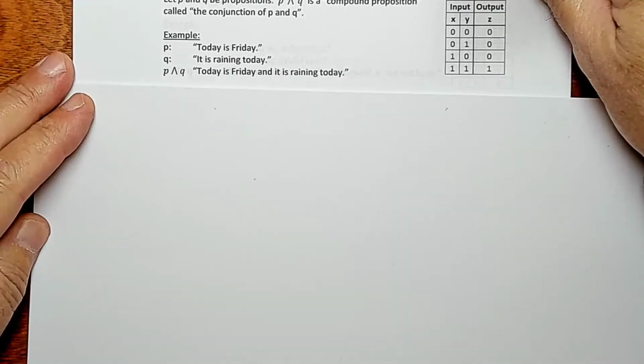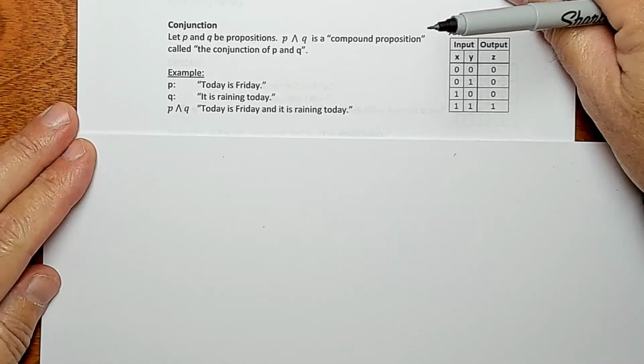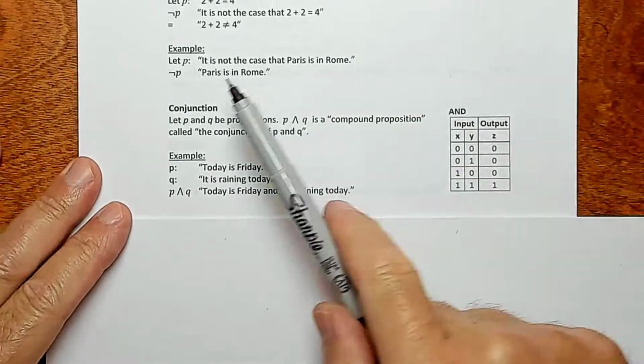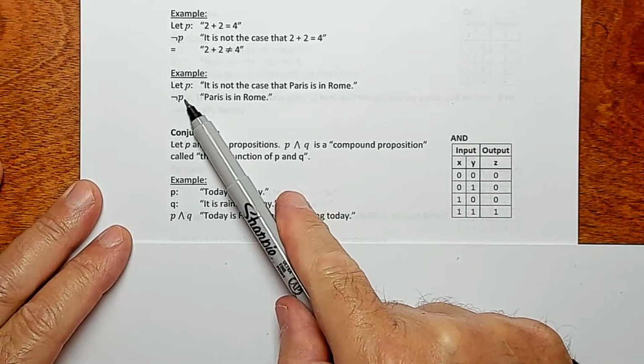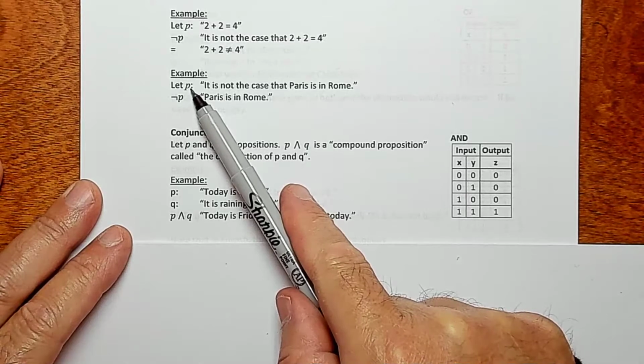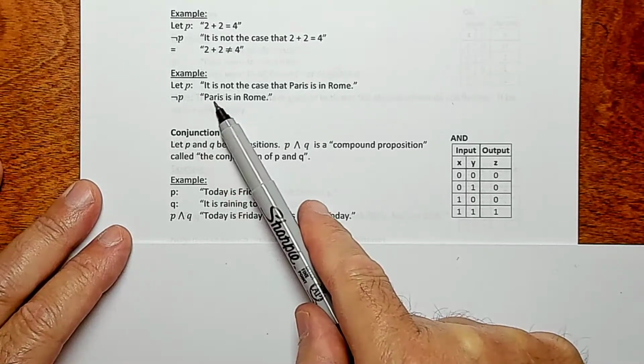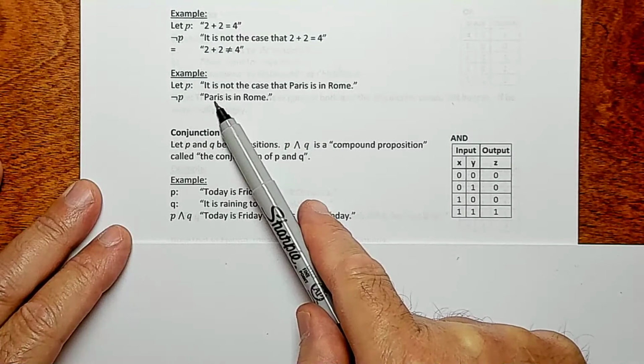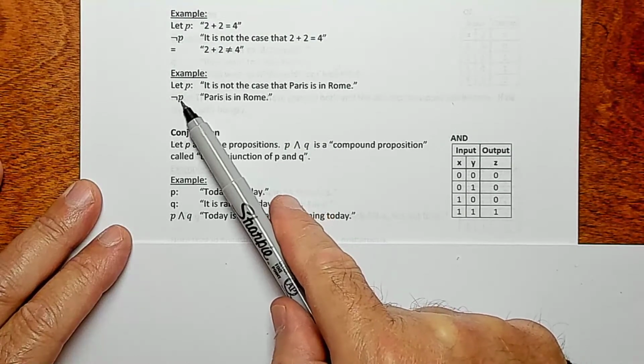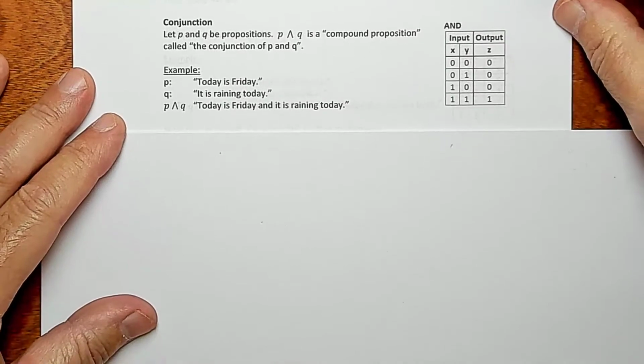All right, so let's look at another, a binary operation. So far we were looking at negation, which is just a unary operator. It just operates on one proposition, just P, to produce another proposition. So one proposition in, one proposition out. Let's look at conjunction, which is a binary operation.